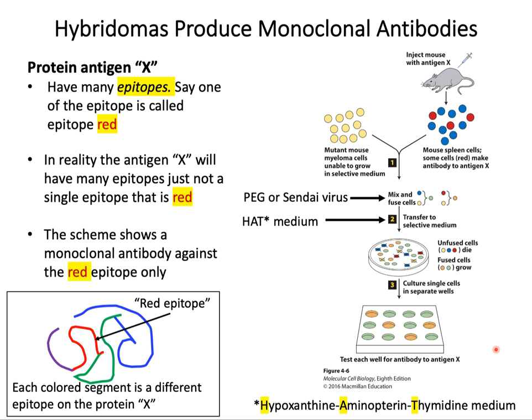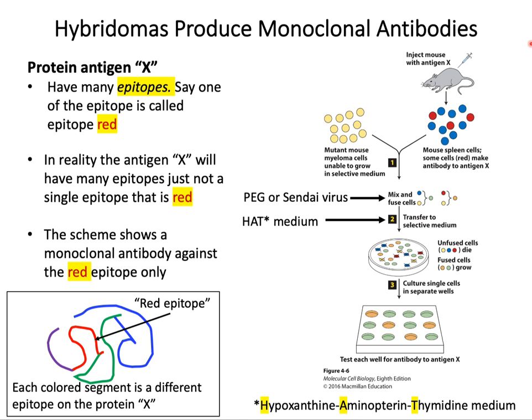Suppose we are trying to raise a monoclonal antibody against the red epitope of the protein X, which is a human protein. So we will purify the protein from the human cells and inject it into a mouse. Now remember, the protein X is a human protein, so it is a foreign antigen to the mouse.